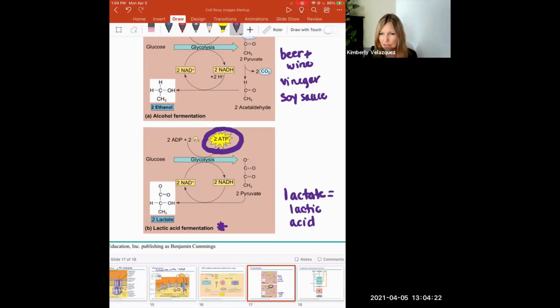So certain bacteria and certain yeasts can give us different types of fermentation. Yeast produce alcohol fermentation, so that's how we get beer and wine and other forms of alcohol that we drink, from yeast fermentation. They would be producing ethanol as a byproduct of that fermentation.